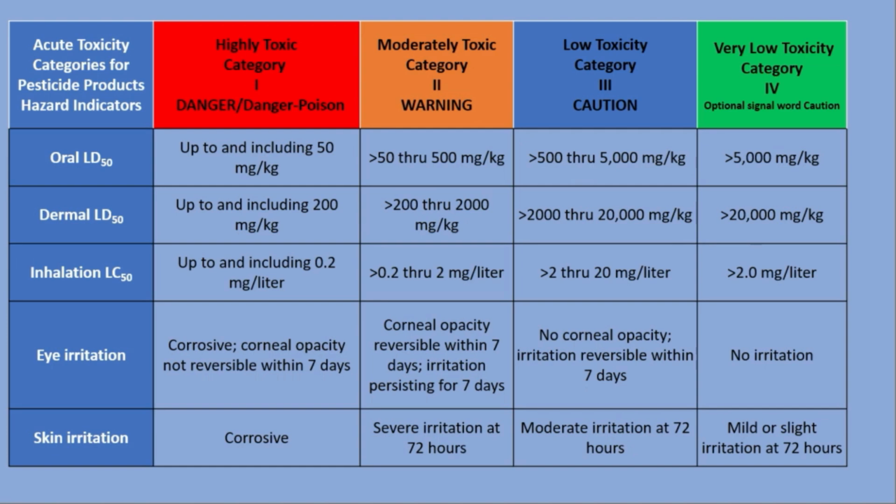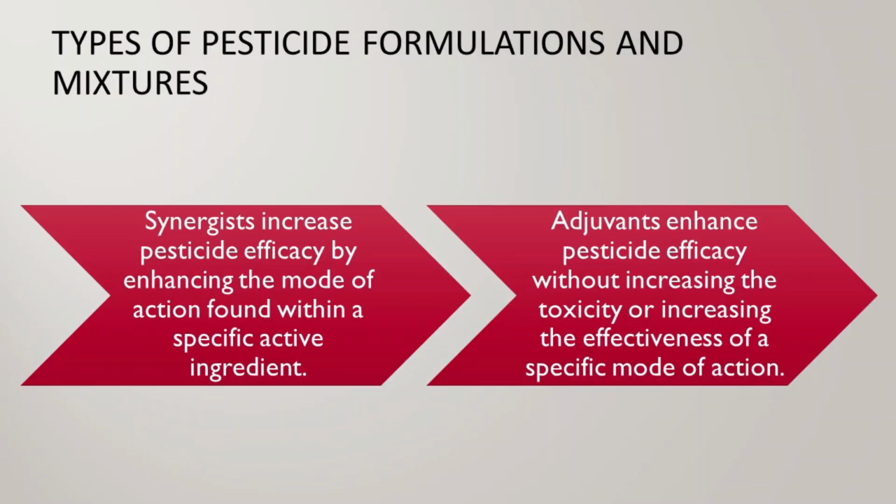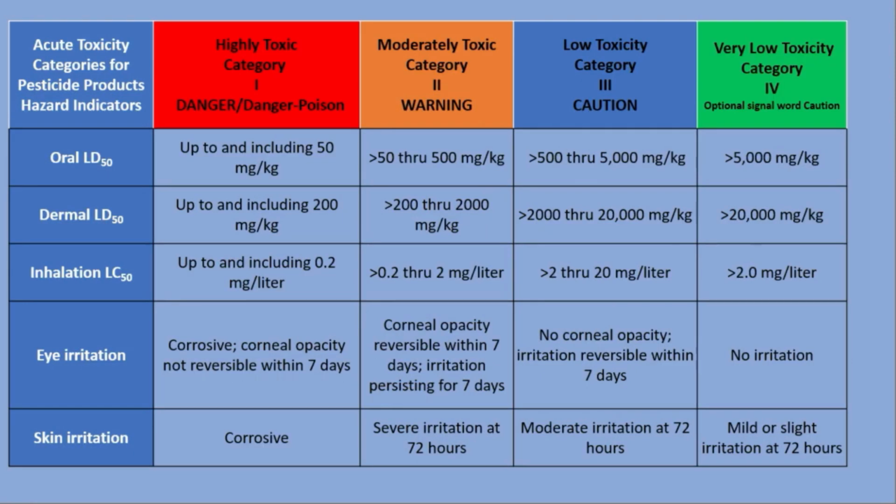Under low toxicity category 3 caution, it can cause moderate irritation at 72 hours. And in our last column, very low toxicity category 4 optional signal word caution, it's going to be mild or slight irritation at 72 hours.